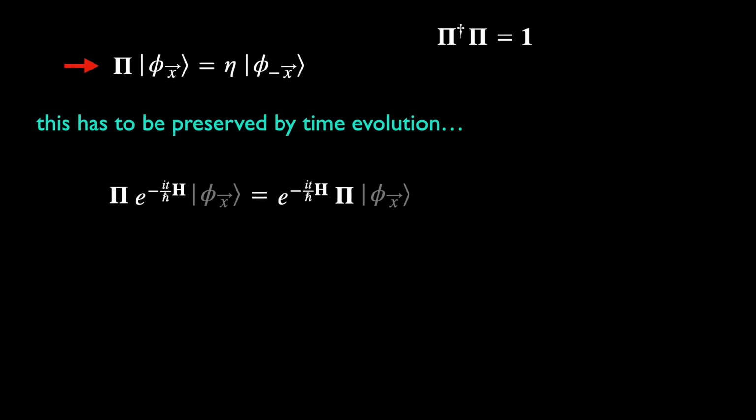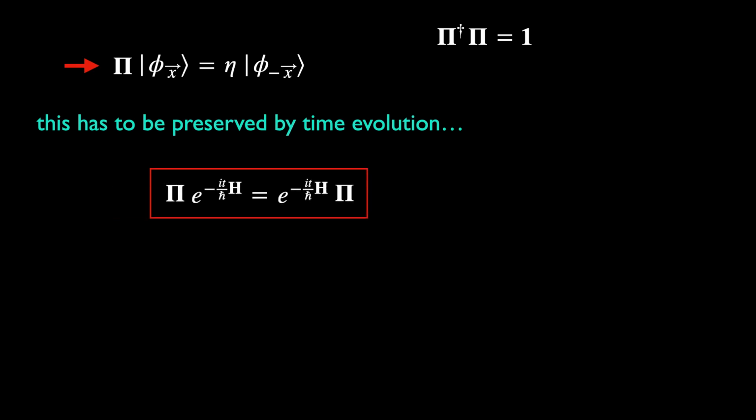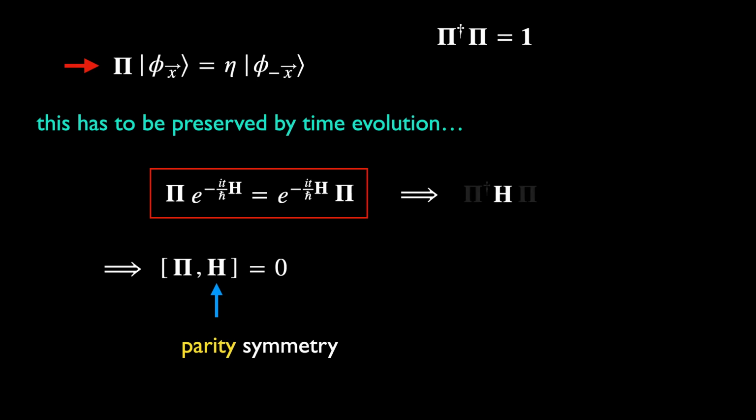Since the position state on both sides is arbitrary, this becomes an operator equation, which implies that H must commute with the parity operator. This is just another way of saying that H is symmetric under parity. Thus, for the relation above to be preserved in time, we once again require that H be parity invariant.